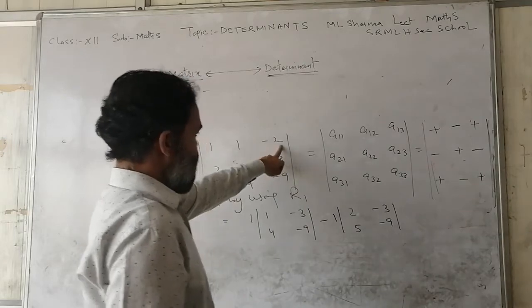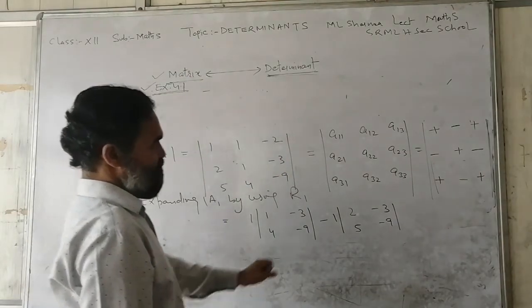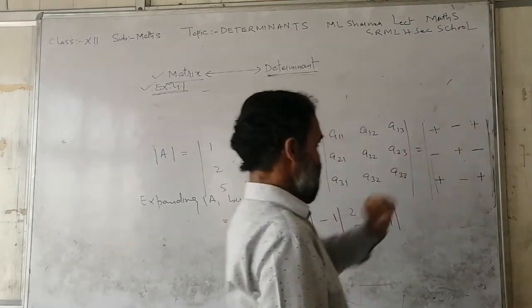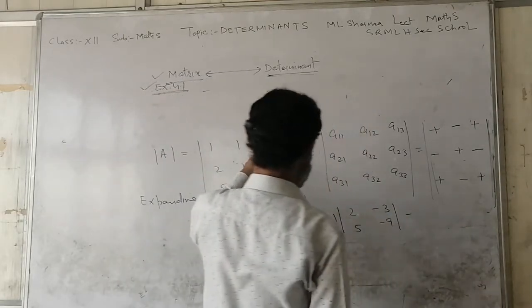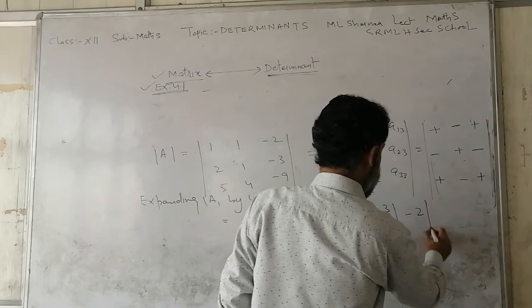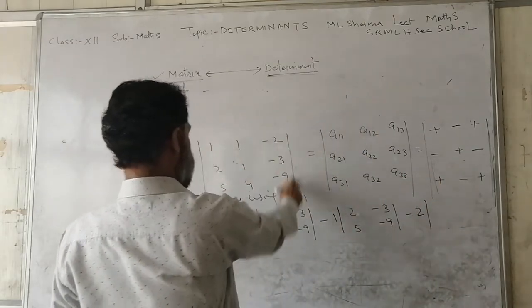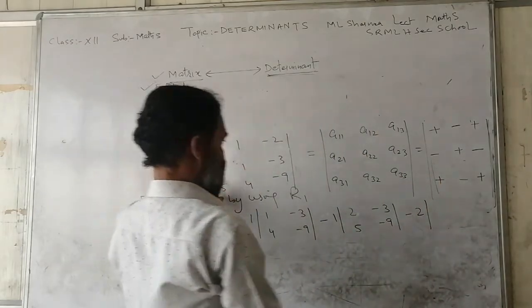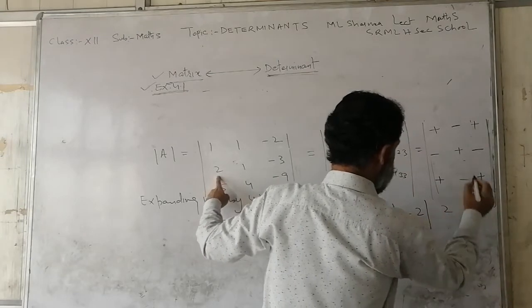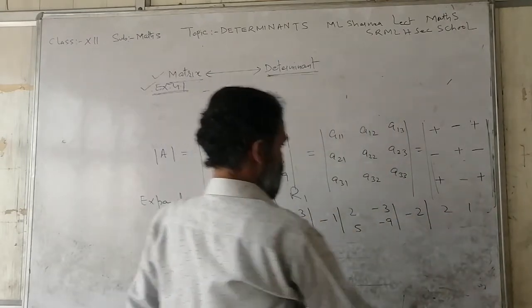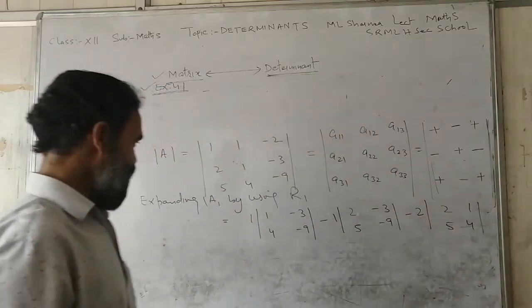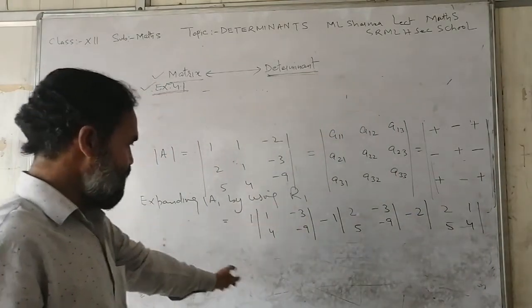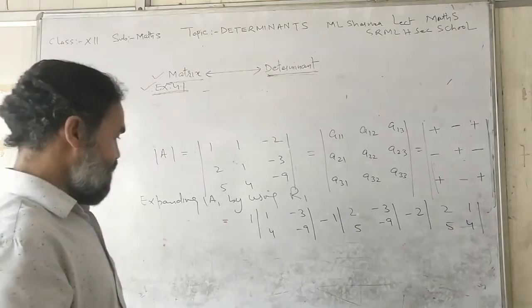So far as this element is concerned, I will use plus sign here. Here it is negative. Again, I will write minus 2. Then this row, this column is to be deleted. So I will be left with the elements 2, 1 and 5, 4. So this is how, by making use of R1, this determinant can be expanded.